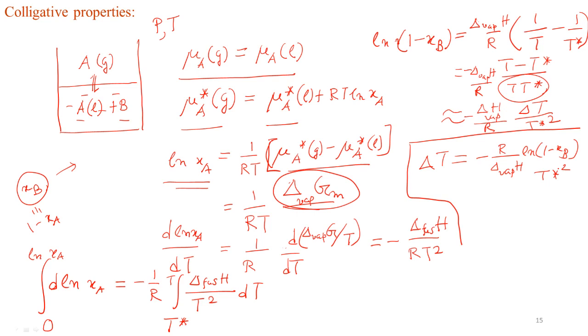So ln 1 minus XB you can approximate to be minus XB, and then you can further write it as R divided by delta vaporization H times T star squared into XB.